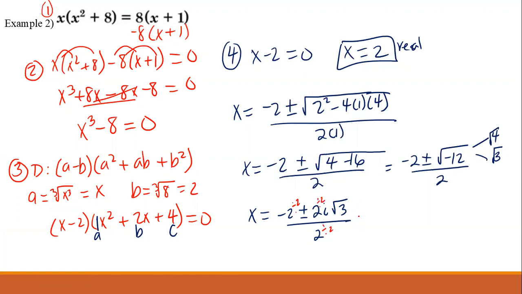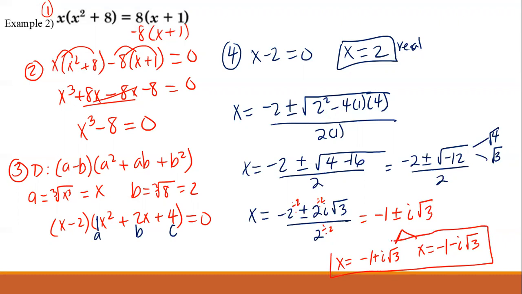And that leaves us with negative 1 plus or minus i square root of 3 as our solution. Remember, this means that I have x equals negative 1 plus i square root of 3, and I have x equals negative 1 minus i square root of 3. Those are my two imaginary solutions. And that concludes our last example.